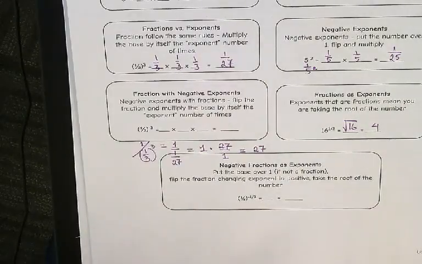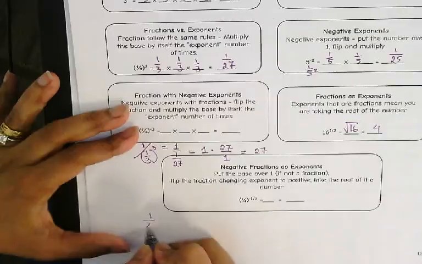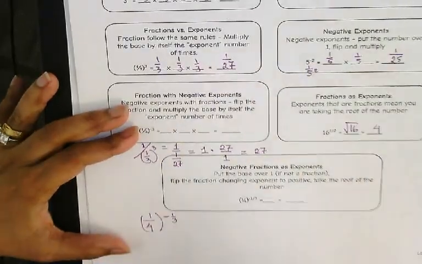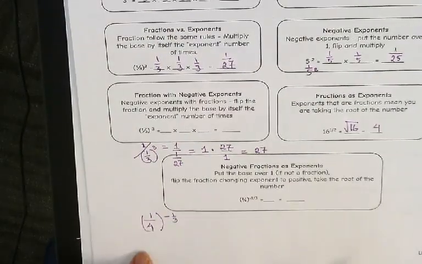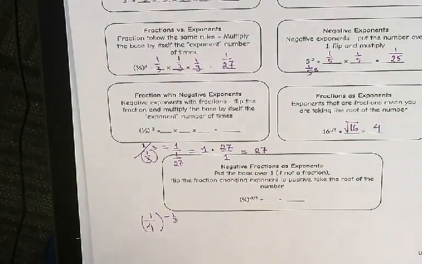Are we clear on that one? Let's break it down over here. So 1/4 to the power negative 1/3. Pay attention first, then I'm going to give you time to write it down. We said that if I have a fraction and a negative, they cancel each other and it becomes a whole number, correct? We good on that one?